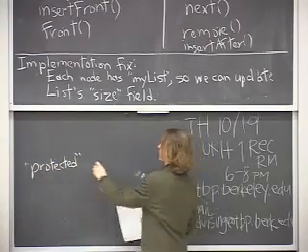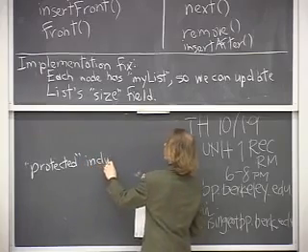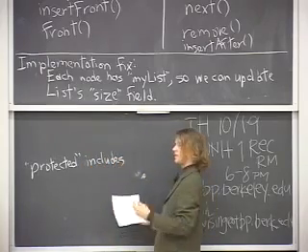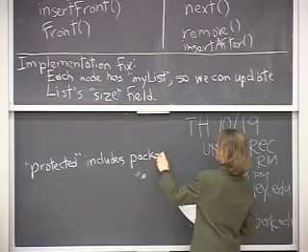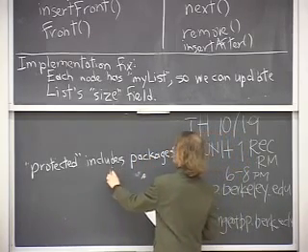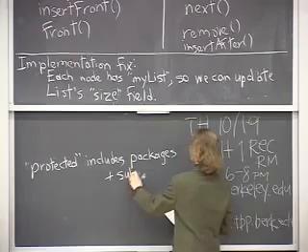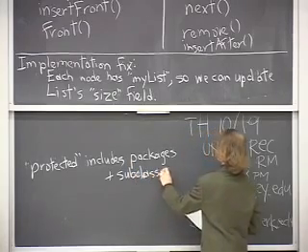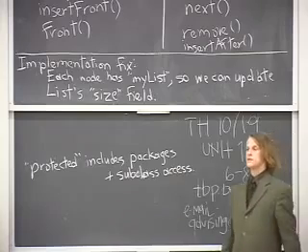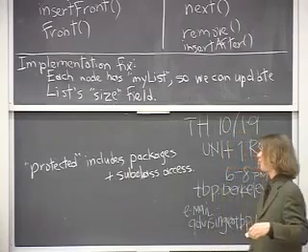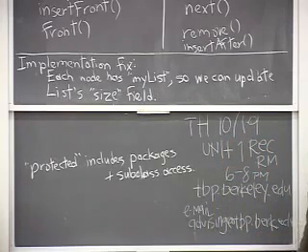So basically, if something has protected access, that means the subclasses can access it, but also anything in the same package can access it. So protected is sort of the weakest protection short of being public.